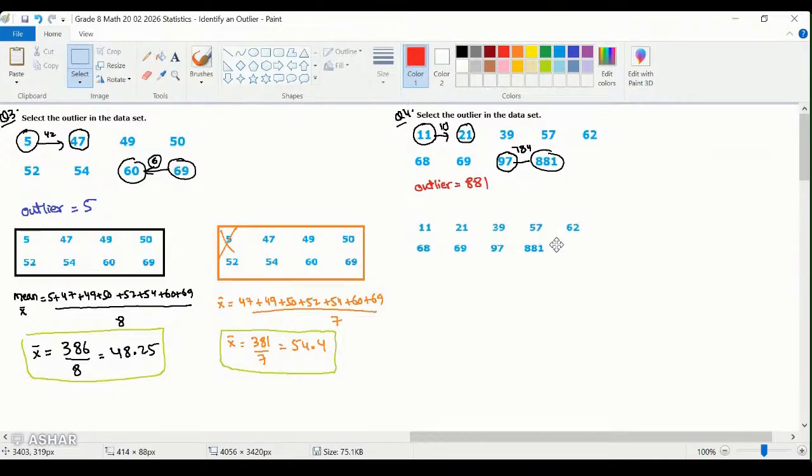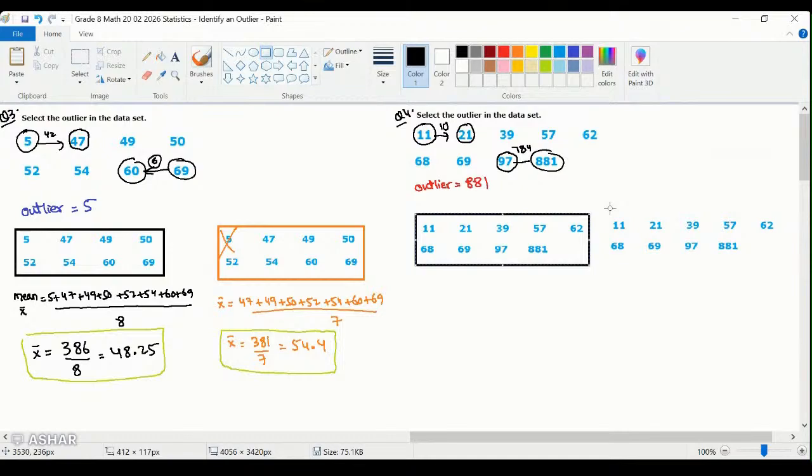Let's look at the impact of the outlier. If this information was given to us, let's solve it once with the outlier and once without the outlier. Let's simply look at the range. What would be the range in this case with the outlier? The range is always the maximum value minus the minimum value.